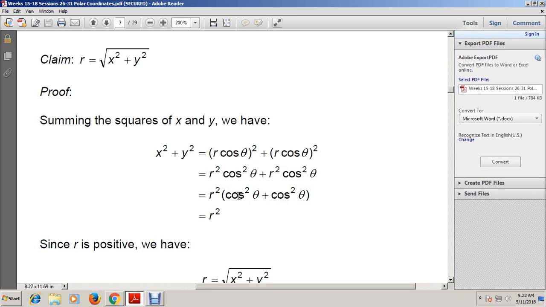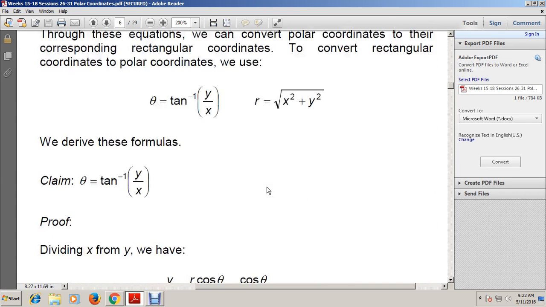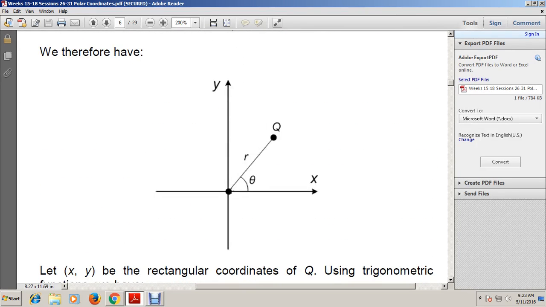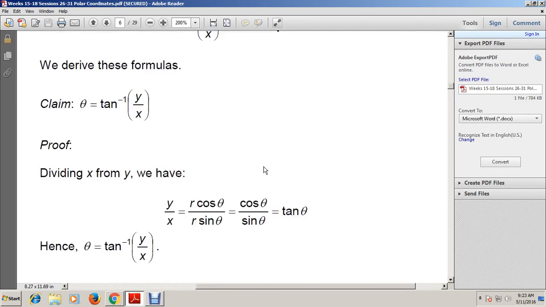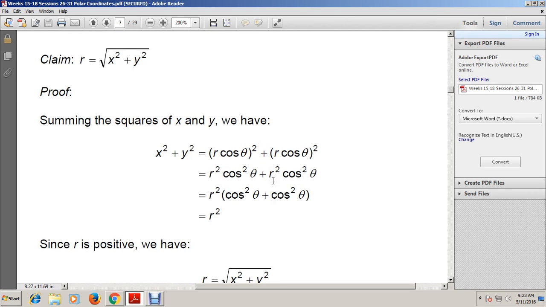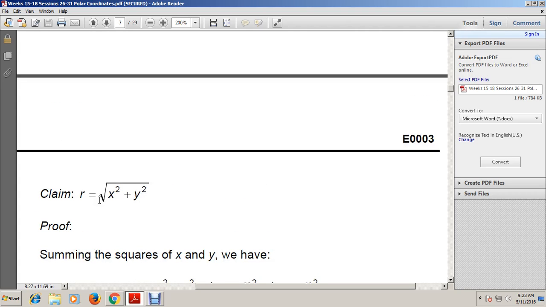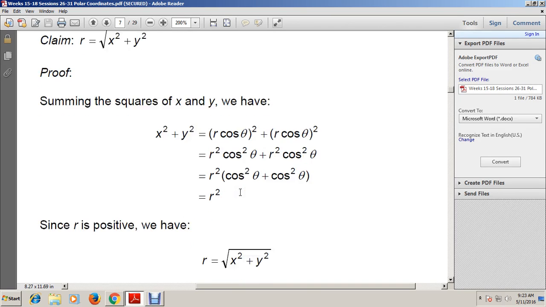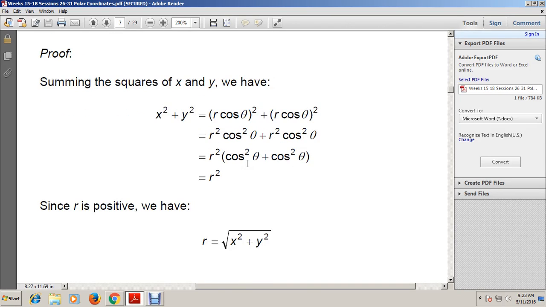Now, what is sine squared theta plus cosine squared theta? For a unit circle, where the radius of the circle is equal to 1, cosine squared theta plus sine squared theta is given by the trigonometric identity from your trigonometry.